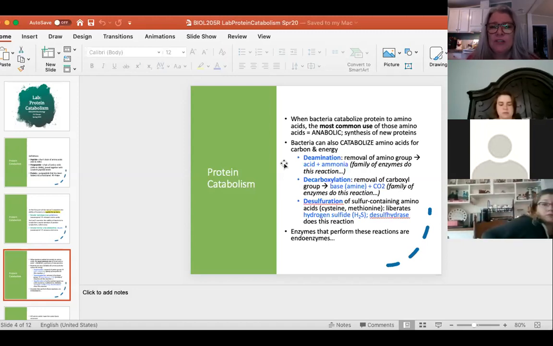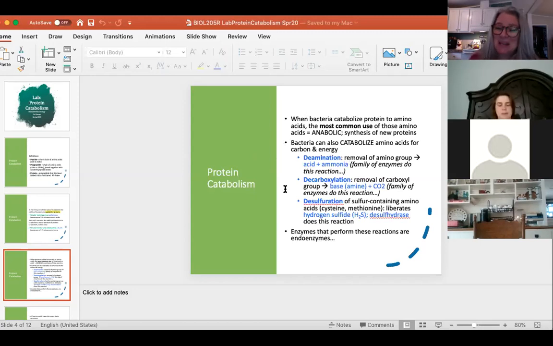Now, we don't need to learn any names of enzymes for deamination because it turns out that there are different enzymes for each amino acid that gets deaminated. So we're not going to learn those names in any way. But I do want you to be familiar with the name of the process and the products that are made, because those are going to be used in tests to see whether or not deamination is occurring.